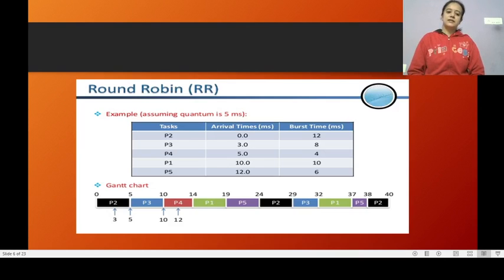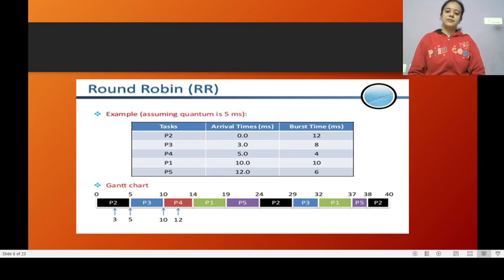Let us understand round robin with an example. There are 5 processes P2, P3, P4, P1 and P5. Their arrival times are: P2 at 0 milliseconds, P3 at 3, P4 at 5, P1 at 10 and P5 at 12 milliseconds.